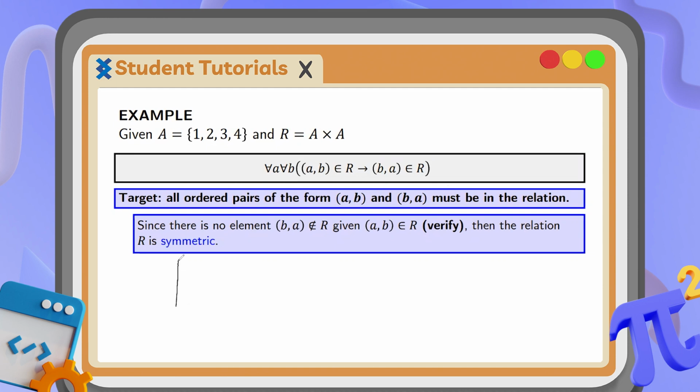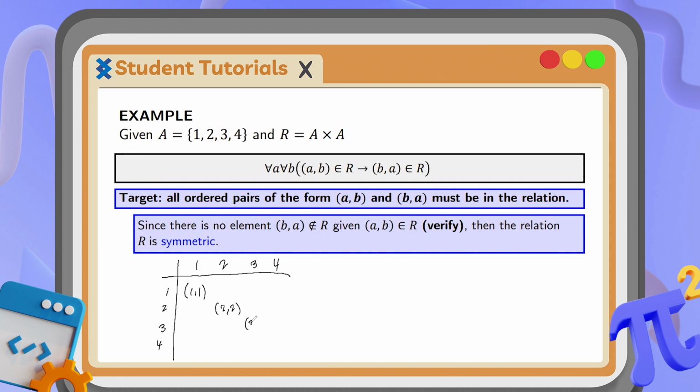So now let's redraw that same table that I did a while ago, this time accounting for all the elements in the relation. So that would be 1, 1, 2, 2, 3, 3, 4, 4, 1, 2, 1, 3, and 1, 4, 2, 3, 2, 4.